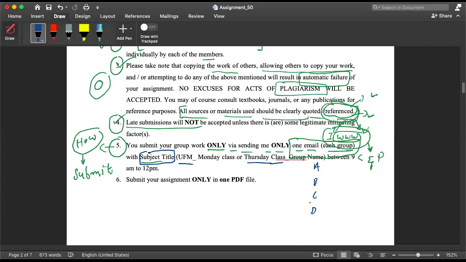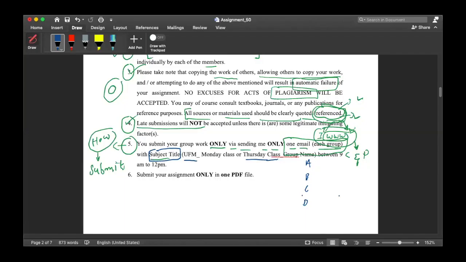If you do not write this subject title and you just submit your assignment by writing something else, make sure you use this subject title, which is UFM underscore Thursday class and your group name.